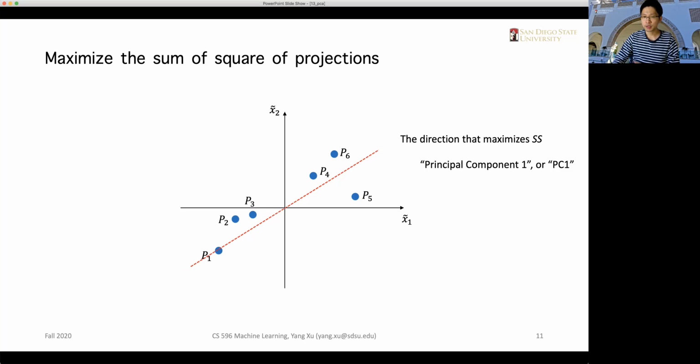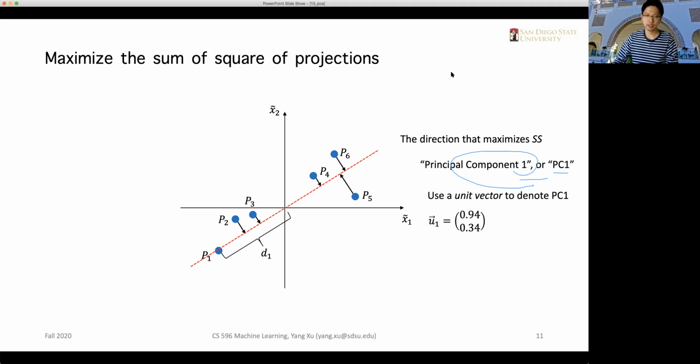We call this the principal component, PC1, the first principal component. If we project onto PC1, we will find that the sum of squares is maximized.